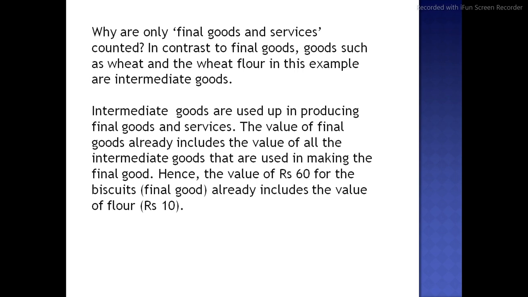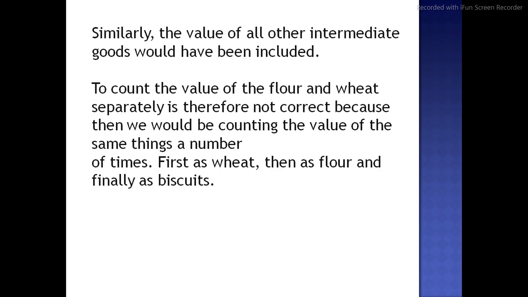I hope the examples are clear to you. Once again, I repeat: intermediate goods are used up in producing final goods and services. Here the intermediate good is flour, so the 60 rupee packet of biscuits already includes the value of the flour, that's 10 rupees.